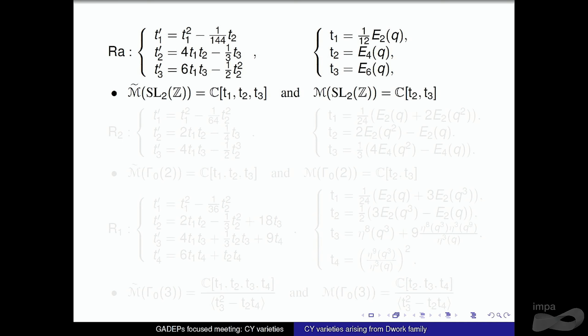And Jose also told this fact, that we know the space of modular forms and quasi-modular forms is generated by E2, E4, and E6.